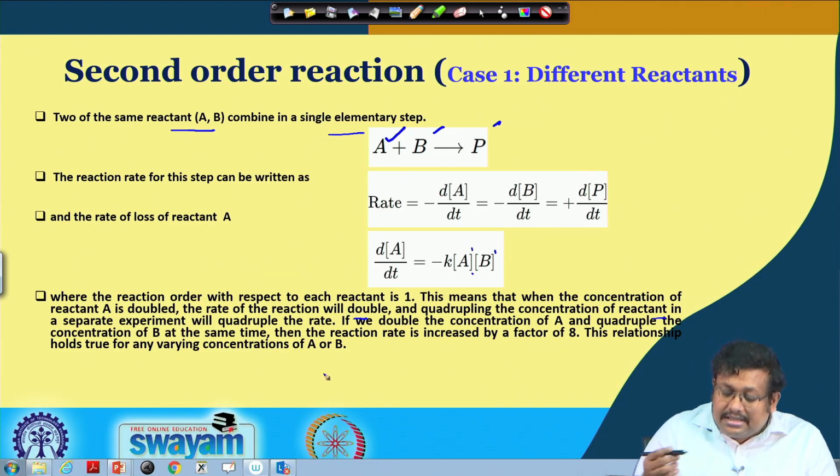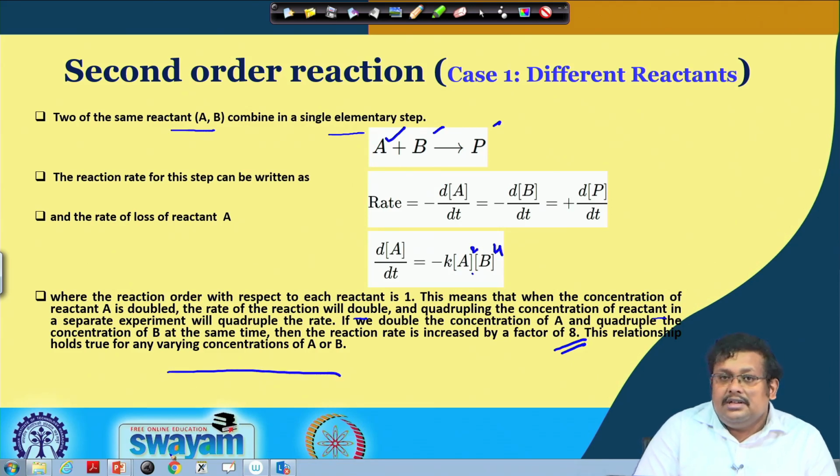If we double the concentration of A and quadruple the concentration of B at the same time, then the reaction rate is increased by a factor of 8, and this relationship holds true for any varying concentration of A and B. This is how we can calculate the rate constant for a second order reaction.